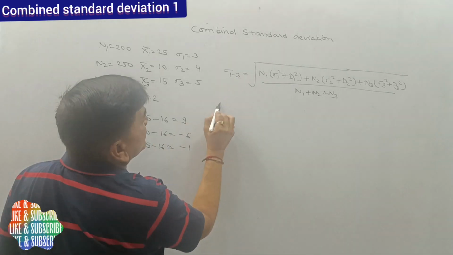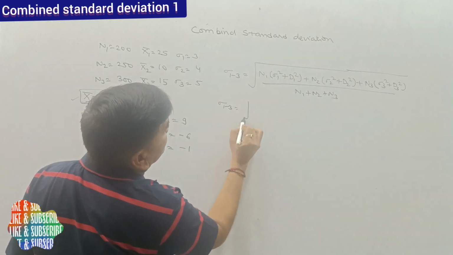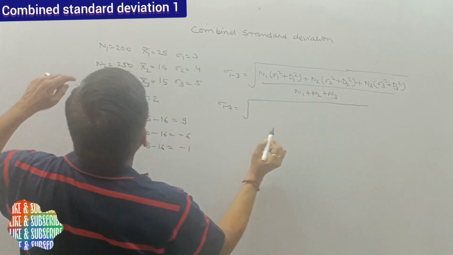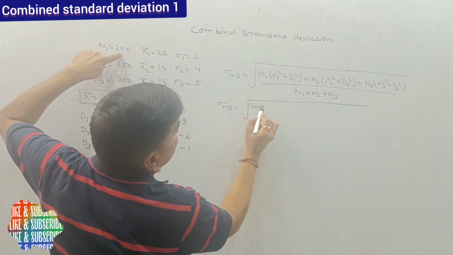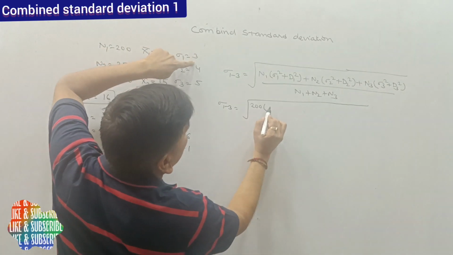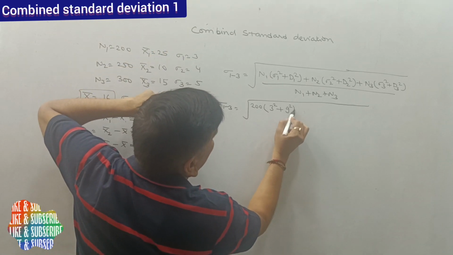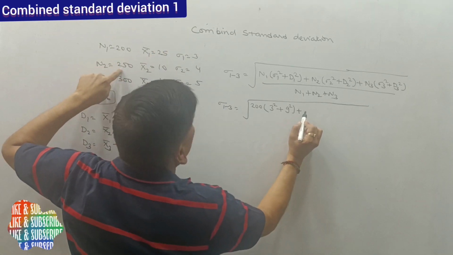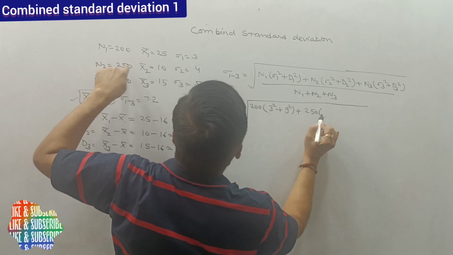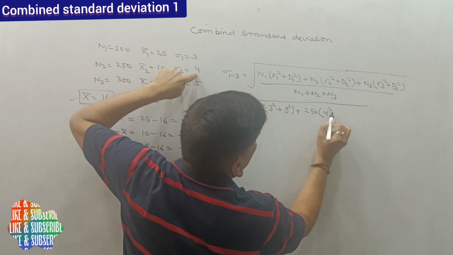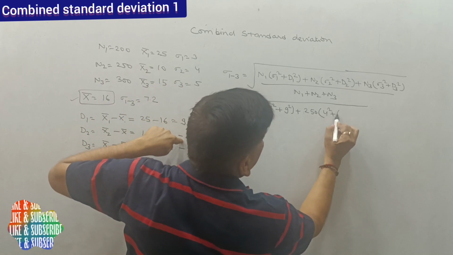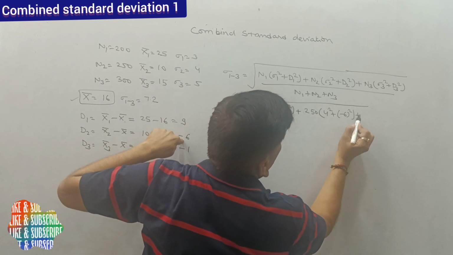Now the combined standard deviation. The value of N1 is 200, standard deviation 1 raised to power 2, that is 3 raised to power 2, plus 9 raised to power 2. Value of N2 is 250, standard deviation 2 raised to power 2, that is 4 raised to power 2, plus minus 6 raised to power 2.